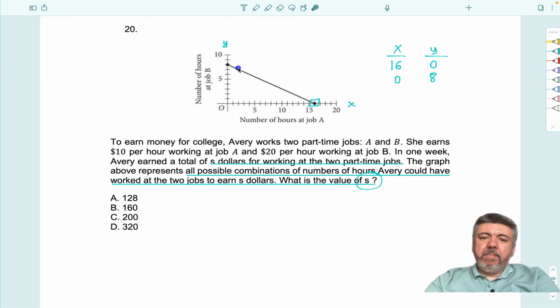Remember, for every point on this line, she earns S dollars in total.